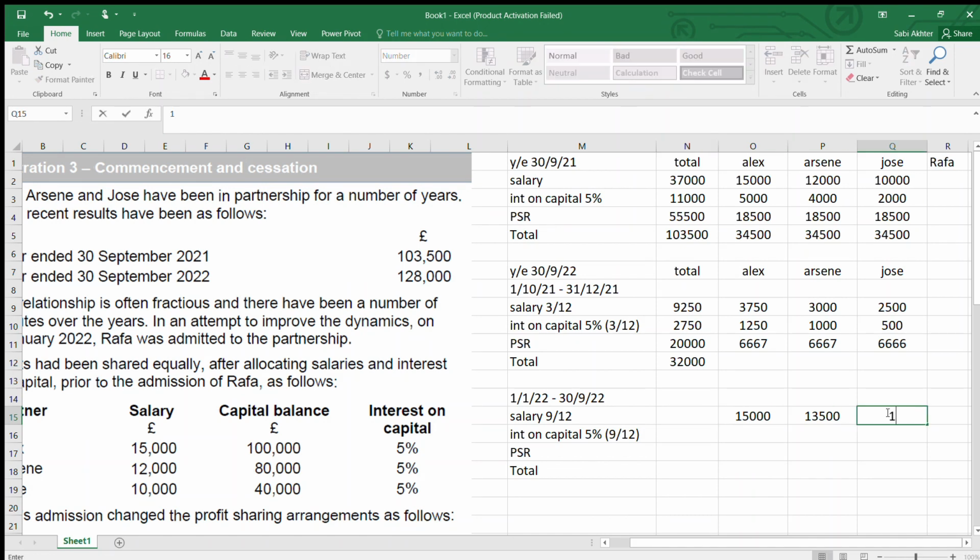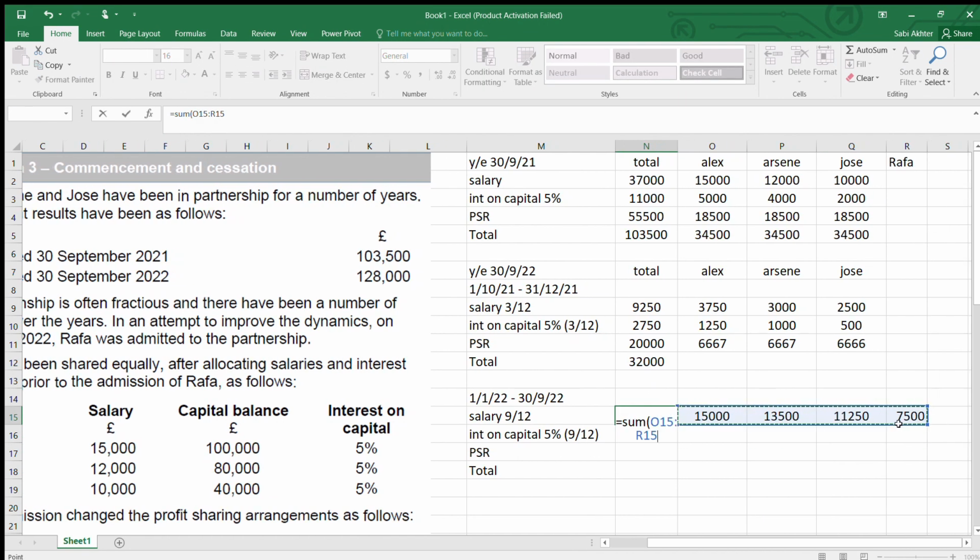I forgot. Sorry, 11,250. Then here it's 10,000. You have to take 9 months. Now take the sum function. 47,250 is the salary.